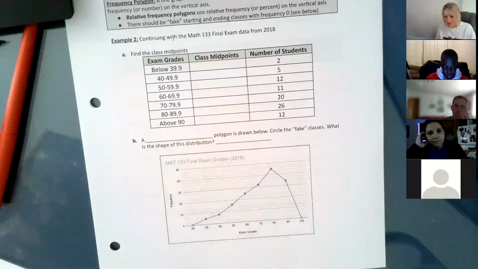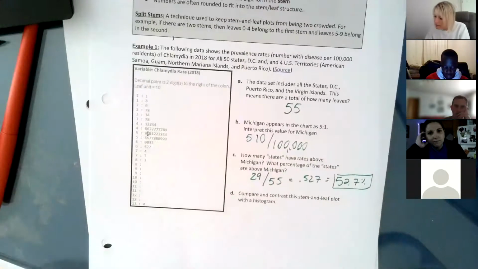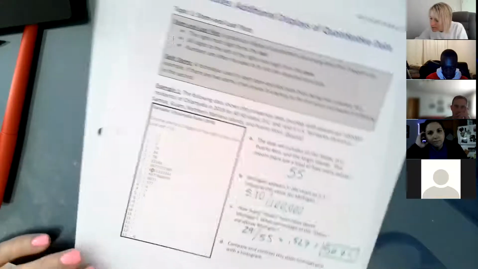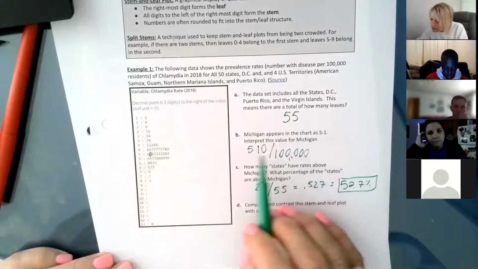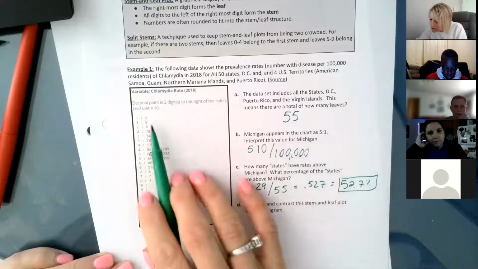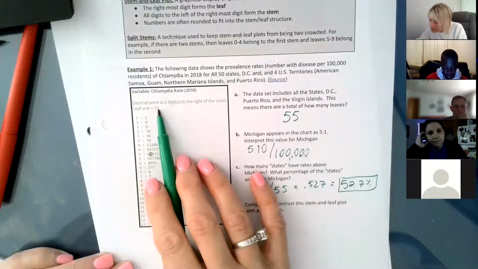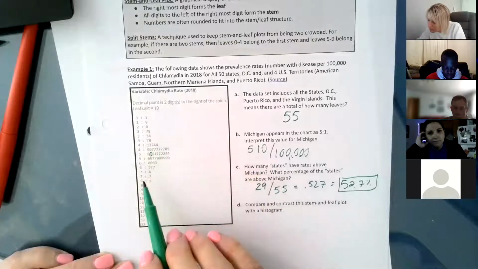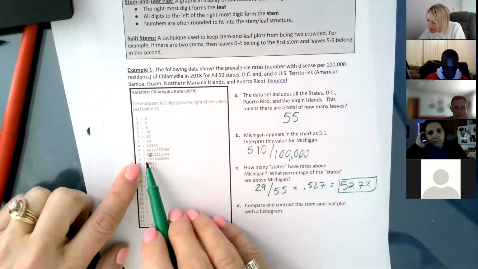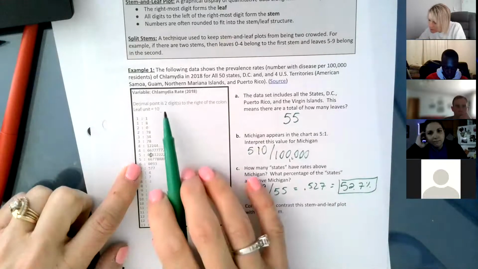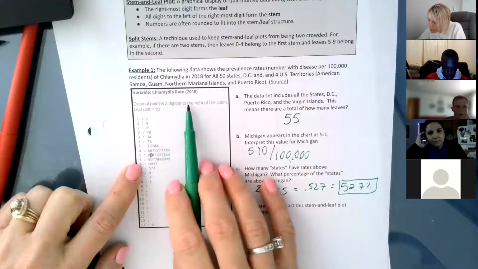How I read that, it says the decimal point is 2 digits to the right of the colon, and the leaf unit is tens. So the 5 would be 50, and the decimal point is 2 digits to the right of the colon.